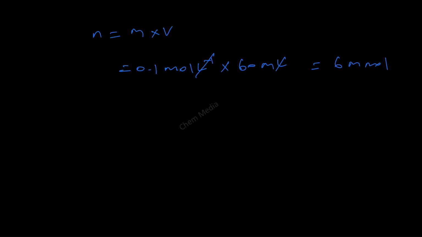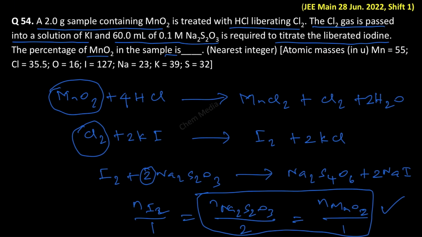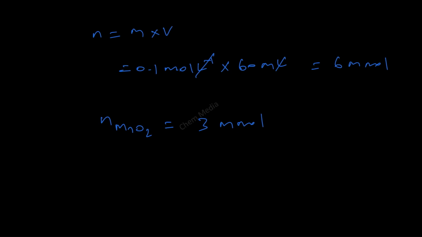Therefore, number of moles of manganese dioxide is equal to 3 millimoles, isn't it? Because this is the equation we saw. Whatever be the number of moles of sodium thiosulfate divided by 2 is equal to number of moles of manganese dioxide. So that's the stoichiometric mole ratio here.